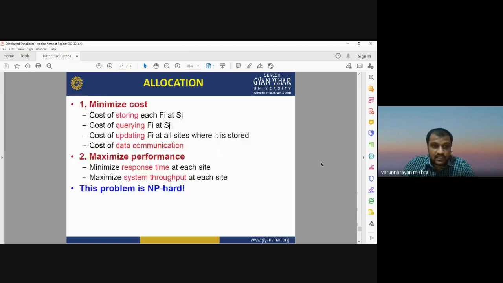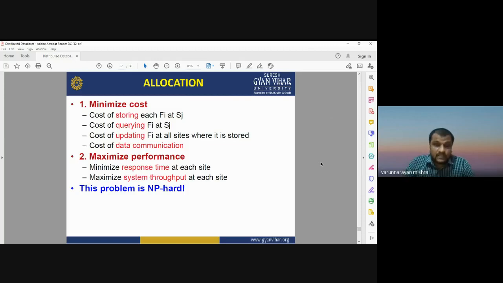Allocation is used to minimize the cost. That includes the cost of storing the data, the cost of querying Fi at Sj, the cost of updating Fi at all the sites where it is stored, and the cost of data communication.